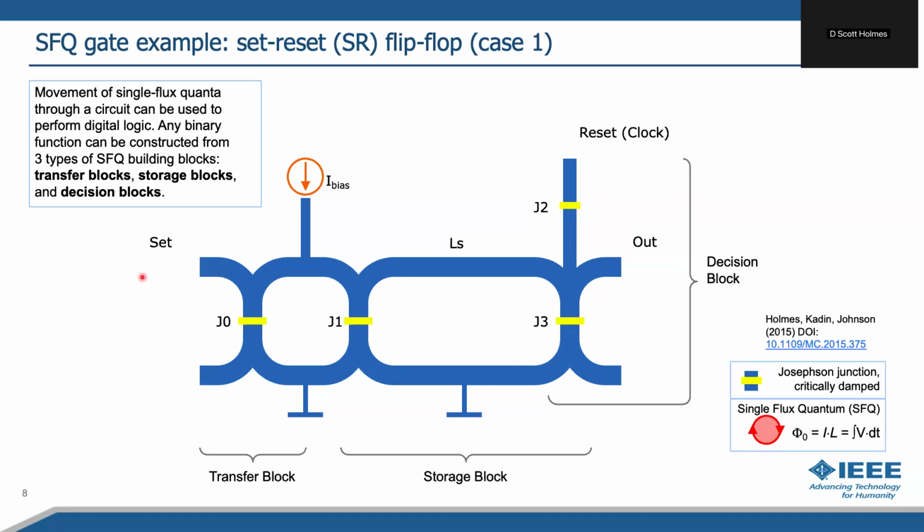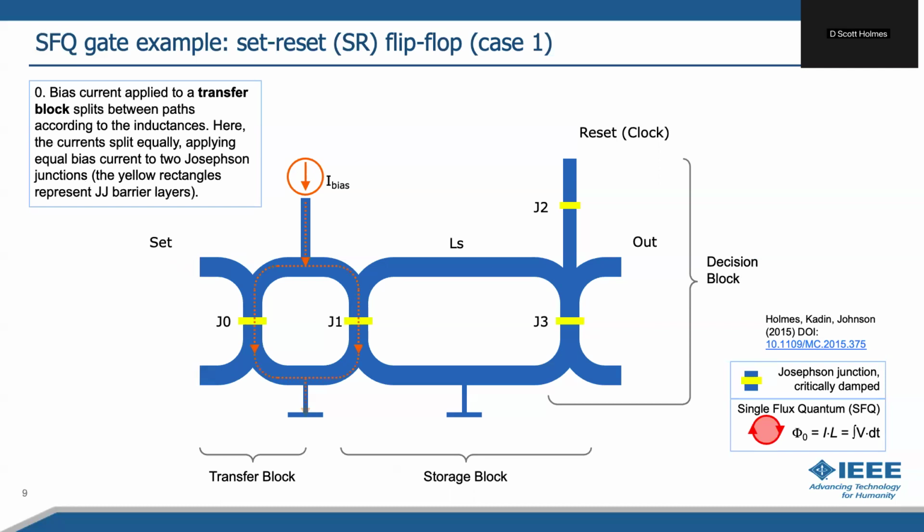Okay, and in an integrated circuit, this might be one layer of wiring, and then you've got vias. The junctions are in the vias that are going to another layer of superconductor. But they form little loops between the junctions. Okay, so the first thing we do is we apply a bias current.